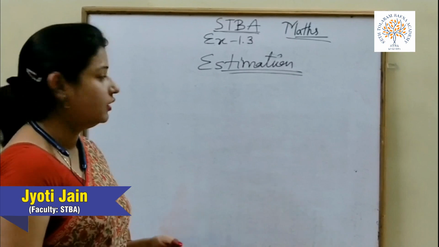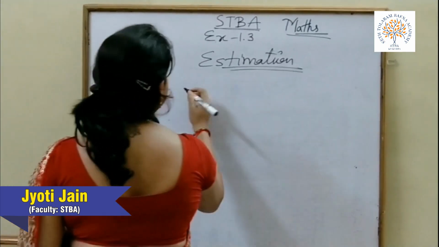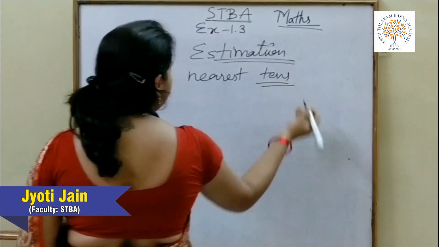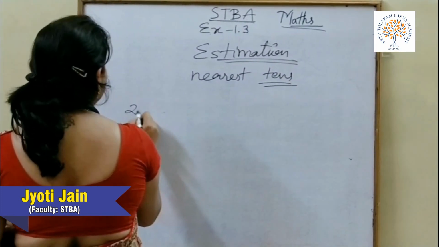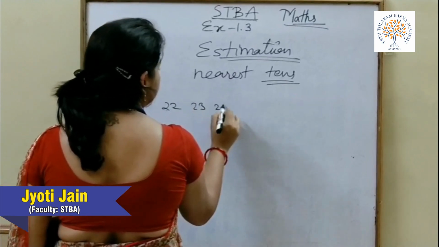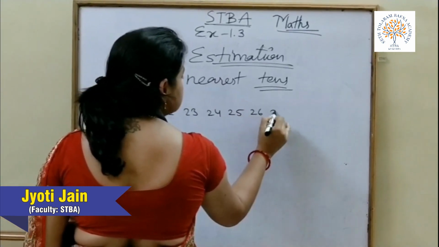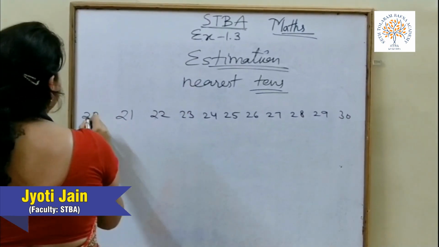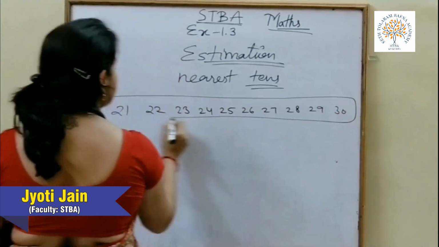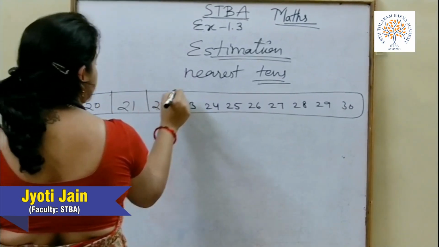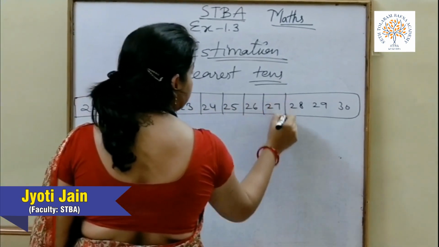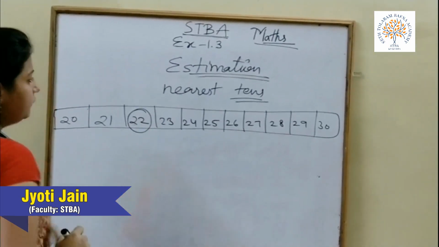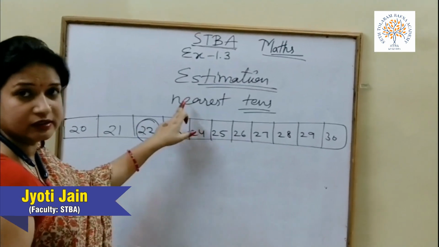First topic we will take is nearest tens. Suppose this one, 21, 22, 23, 24, 25, 26, 27, 28, 29 and 30. This side I am writing 20. Here we are explaining what is the nearest tens.